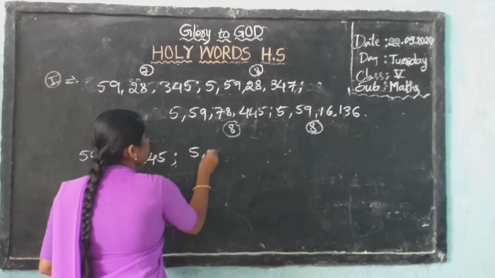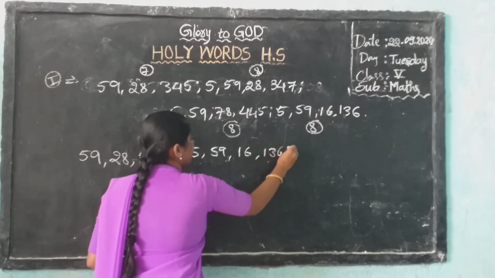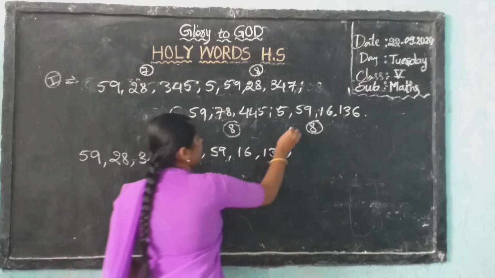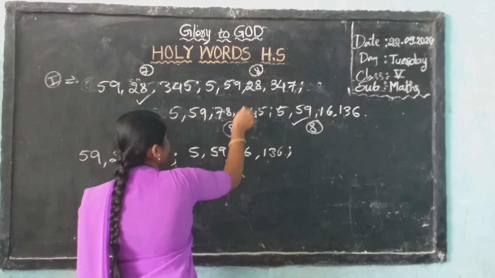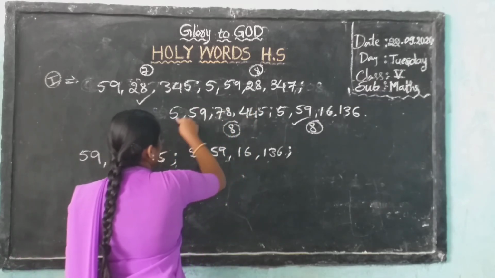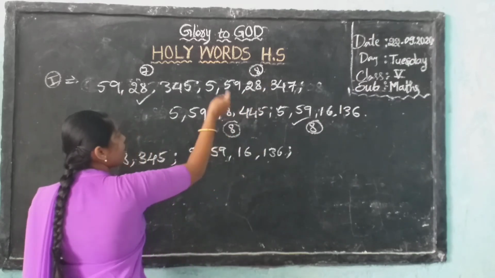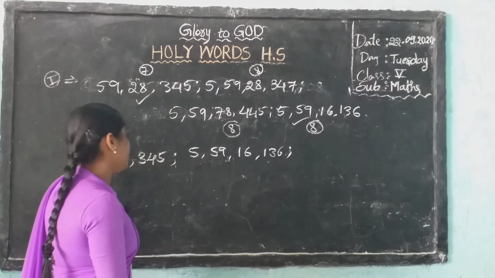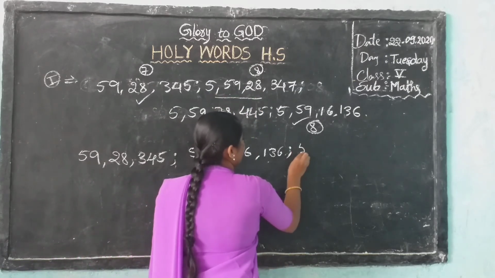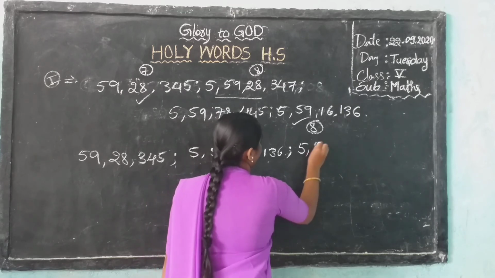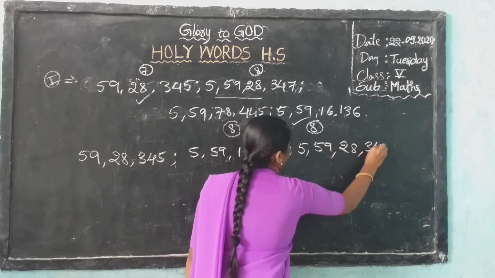So 5 crores 59 lakhs 16,136. And next, completing these two numbers, compare these two: 5 crores 59 lakhs 28,000 and here 78,000. So the next smallest number is 5 crores 59 lakhs 28,347.